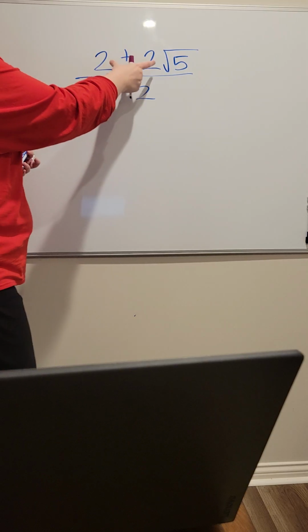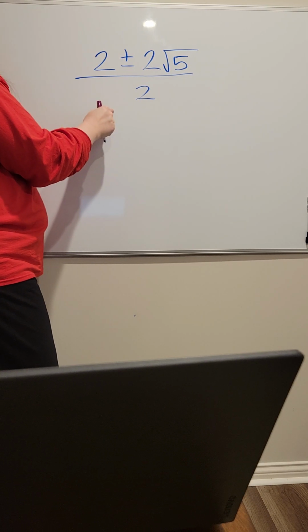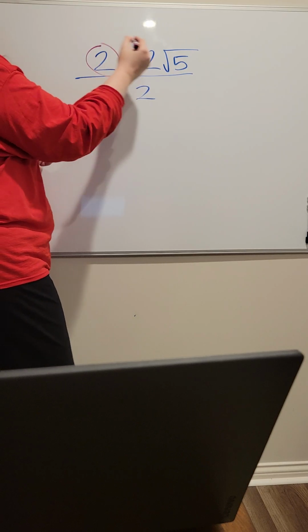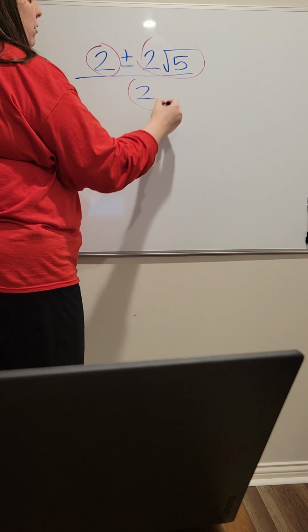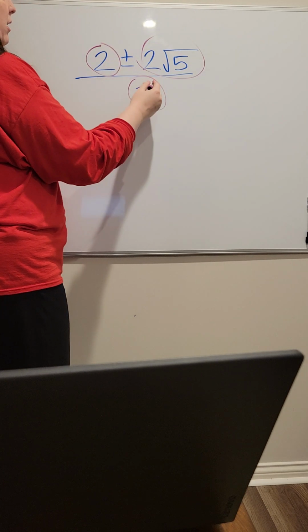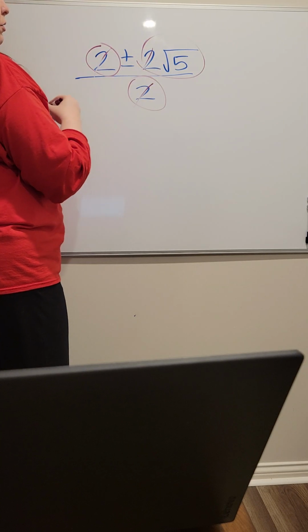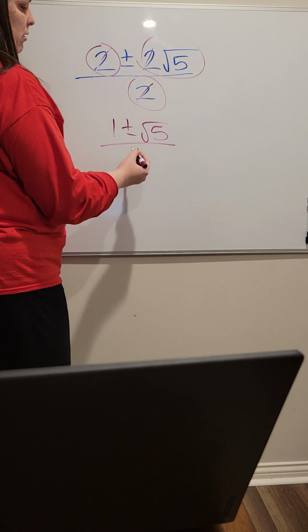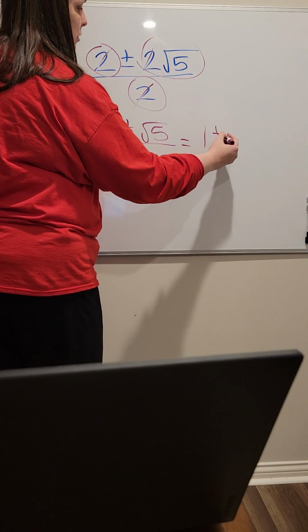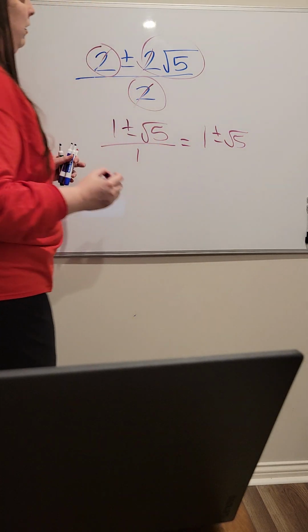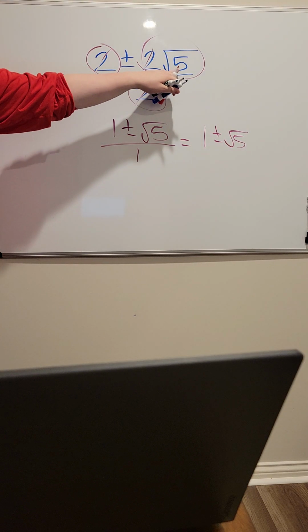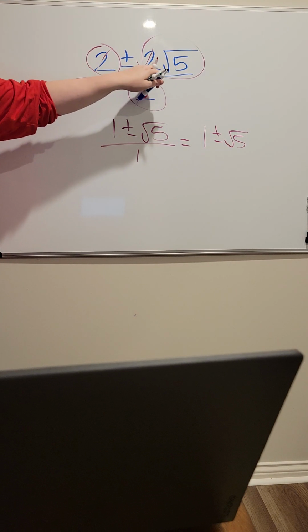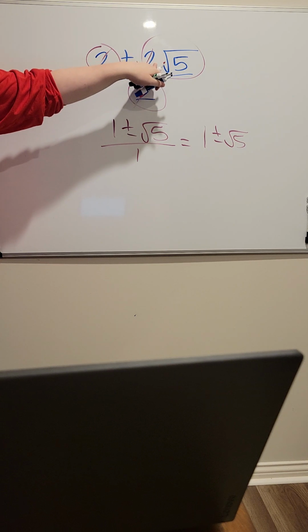You can think of either pulling the 2 out front and then canceling, or some people like to just think of all 3 terms getting simplified by a factor of 2 all at once, which is really just 1 plus or minus square root of 5. Just don't touch underneath the radical, and make sure that you have a coefficient to cancel with there too.